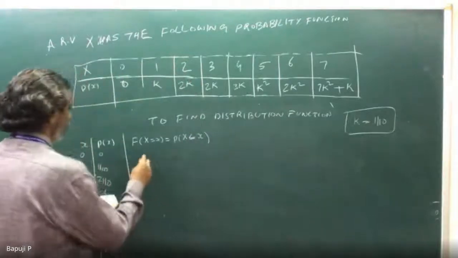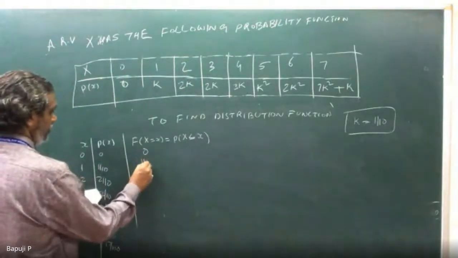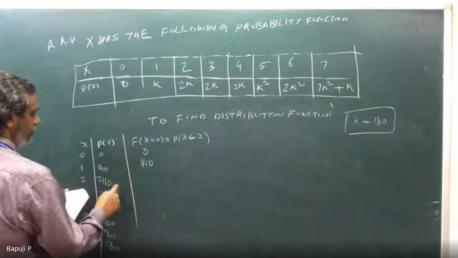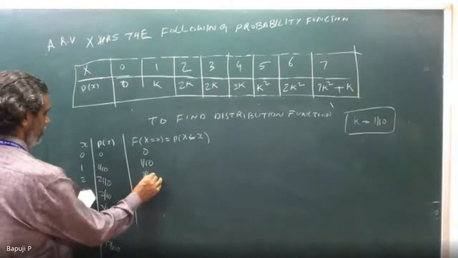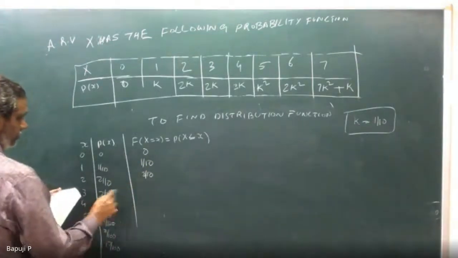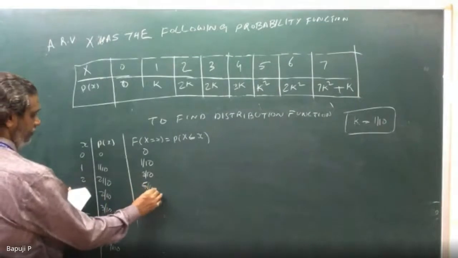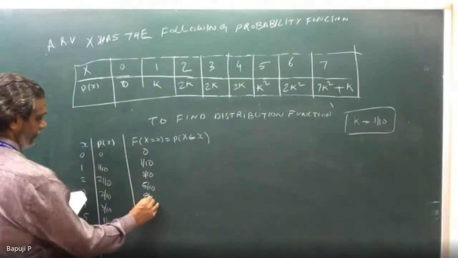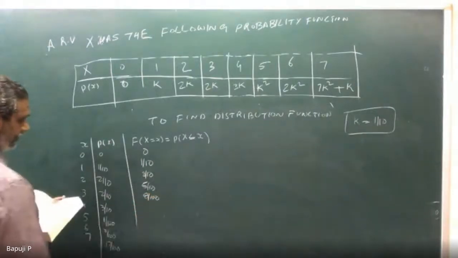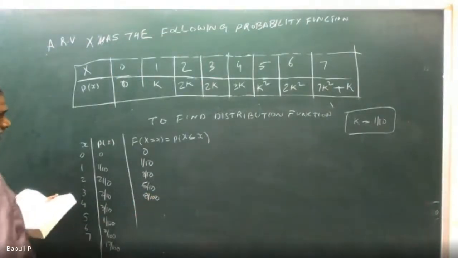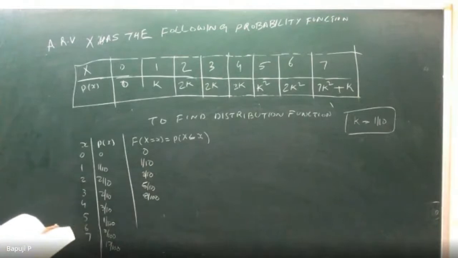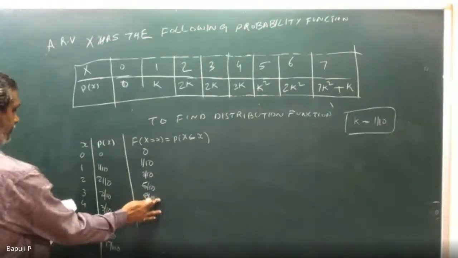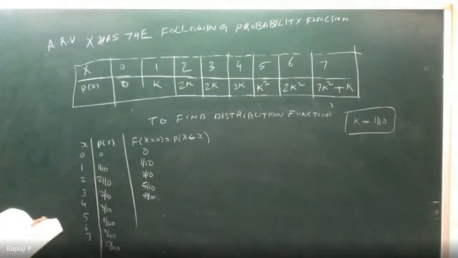This is equal to 0, then you will get 1 by 10, 1 by 10 plus 2 by 10, 3 by 10, 3 by 10 plus 2 by 10, 5 by 10, 5 plus 3, 8 by 10, 8 by 10 plus 1 by 100, 81 by 100.